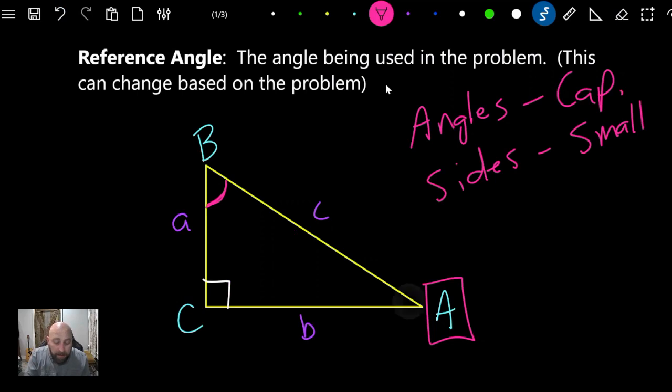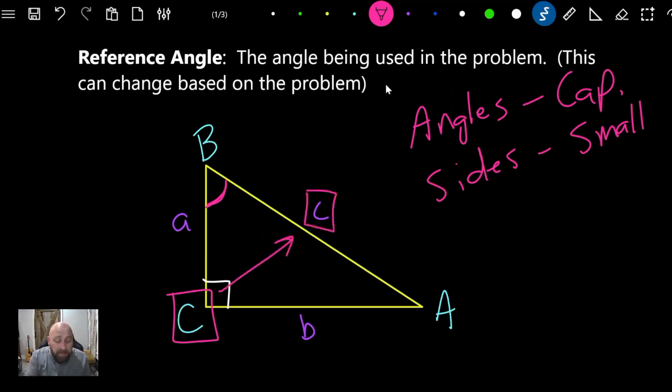Capital letter A, you look across, and you will find small letter a. That's how triangles in trigonometry are labeled. Capital letters for the angles. C is almost always going to be your right angle. Sometimes it's not labeled like that, but typically C is going to be your right angle. Across from C is going to be little c, and little c is always going to be your hypotenuse.